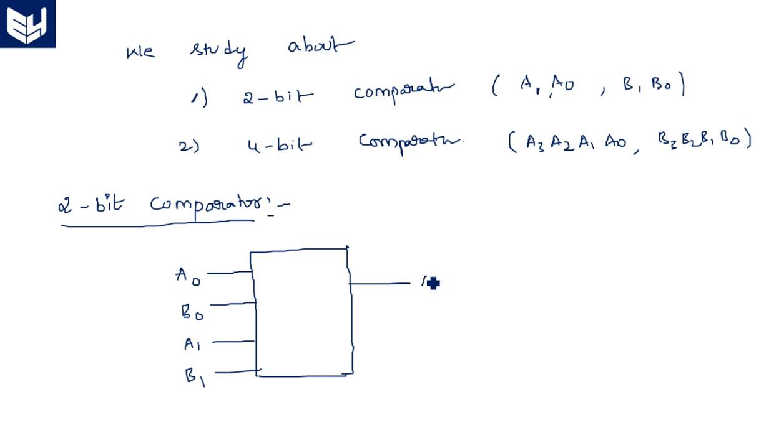The outputs are 3 outputs: A greater than B, A equal to B, A less than B. So this is the 2-bit comparator.